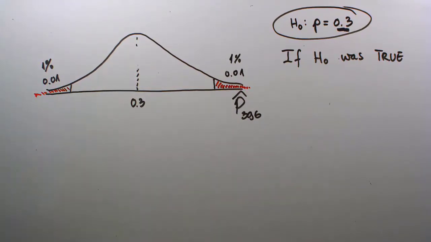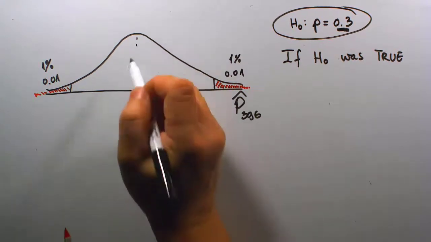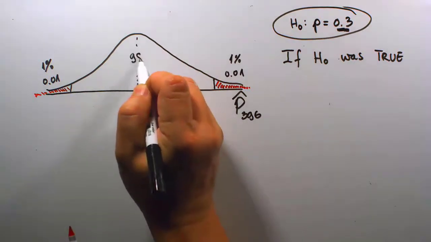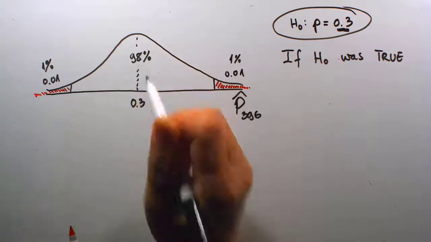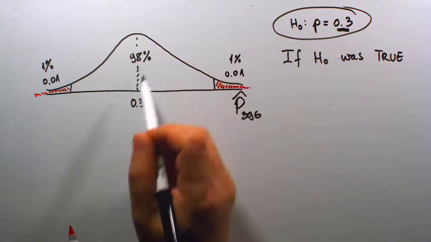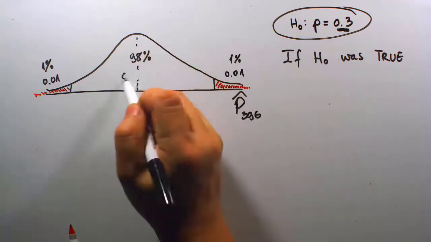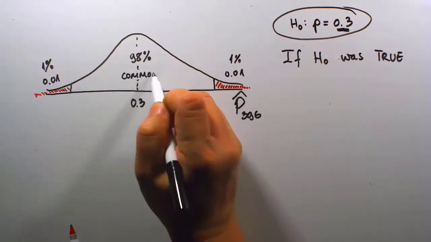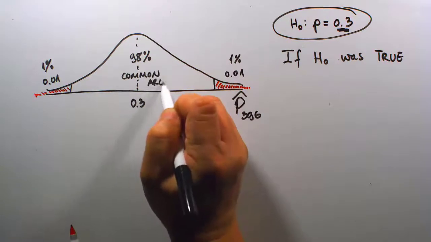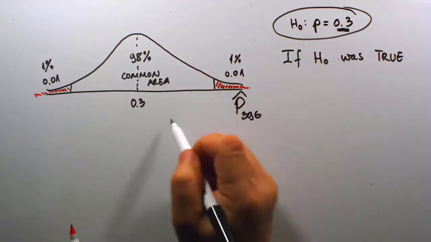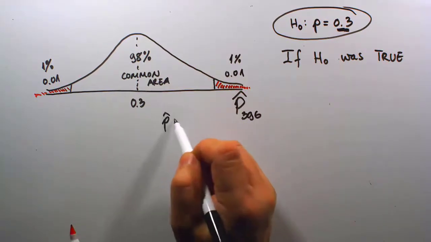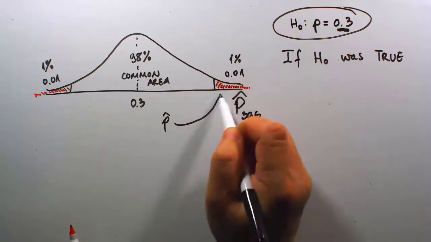And so the math easily comes out to be that there should be 98% of data values that fall in the common area right here.